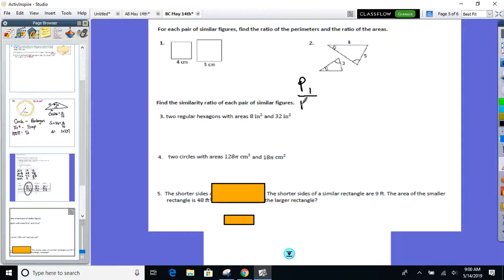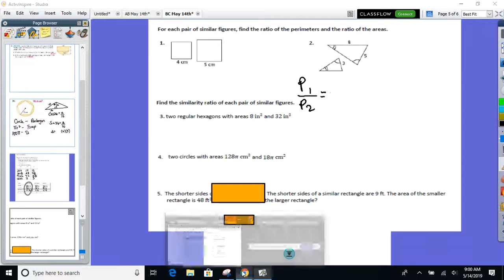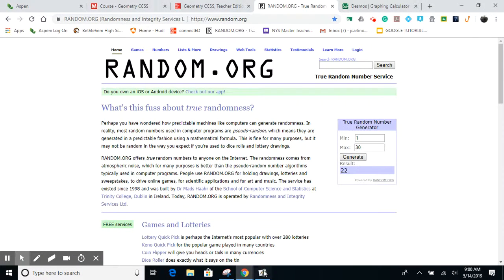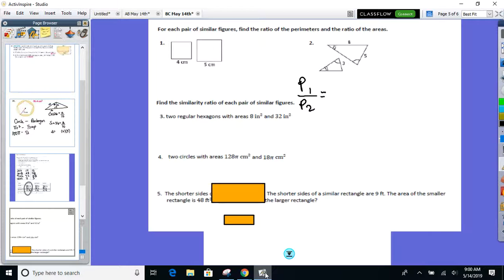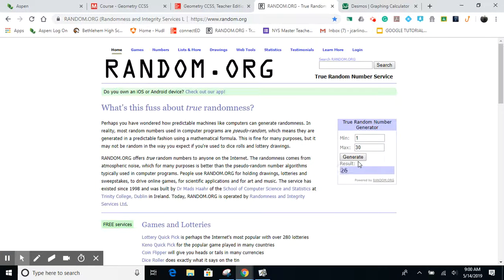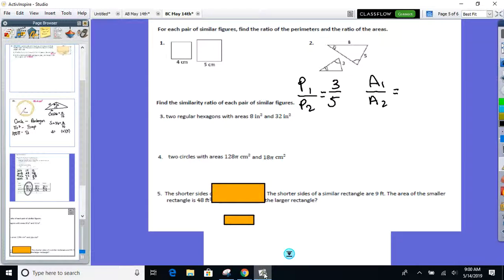What about the ratio of their perimeters now? 3 to 5 as well. They're always equal. And now how about the area ratio?